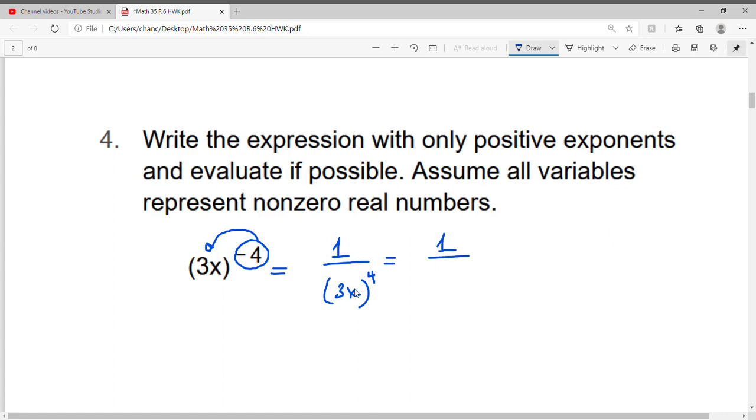And now we can distribute the 4. This 4 goes to the 3, and this 4 goes to the x. We can simplify the 3 to the 4th, that is 81, and we have a 1 on top. So our solution is 1 over 81 x to the 4th.